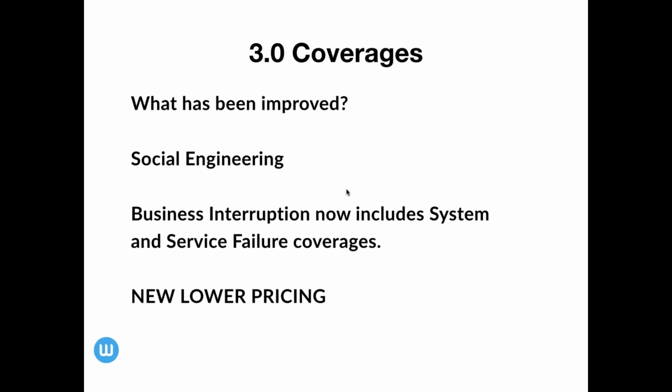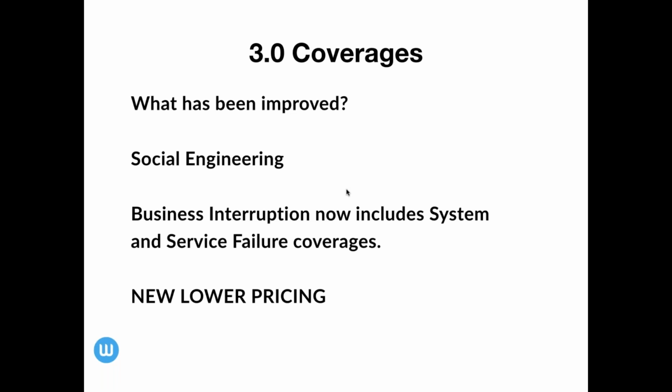So how did we improve that coverage, you might ask? Well, there was a provision in there that said that the insured had to actively attempt to authenticate each payment in order for it to be covered. Now, Access never really enforced this provision. However, it was wrong to include it, and so now it is gone. So there is no longer any authentication provision in the social engineering.